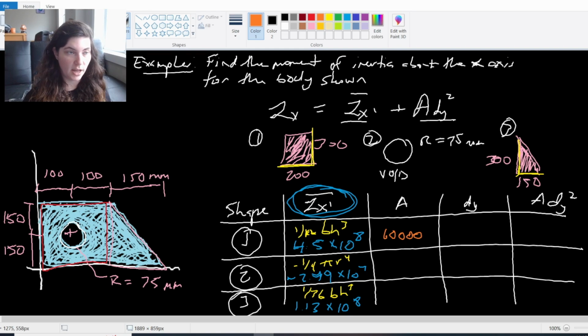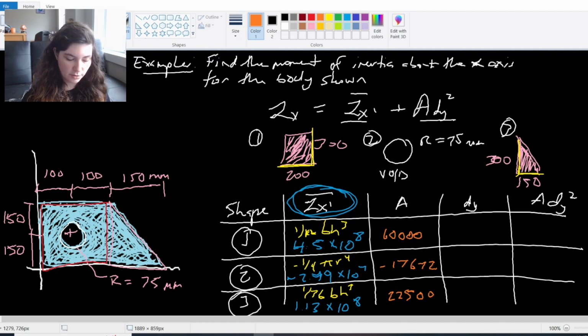Negative pi times 75 squared gives me negative 17,672, right around there. And finally, the area of a triangle is 1/2 base times height. So 1/2 times 300 times 150 gives me 22,500.